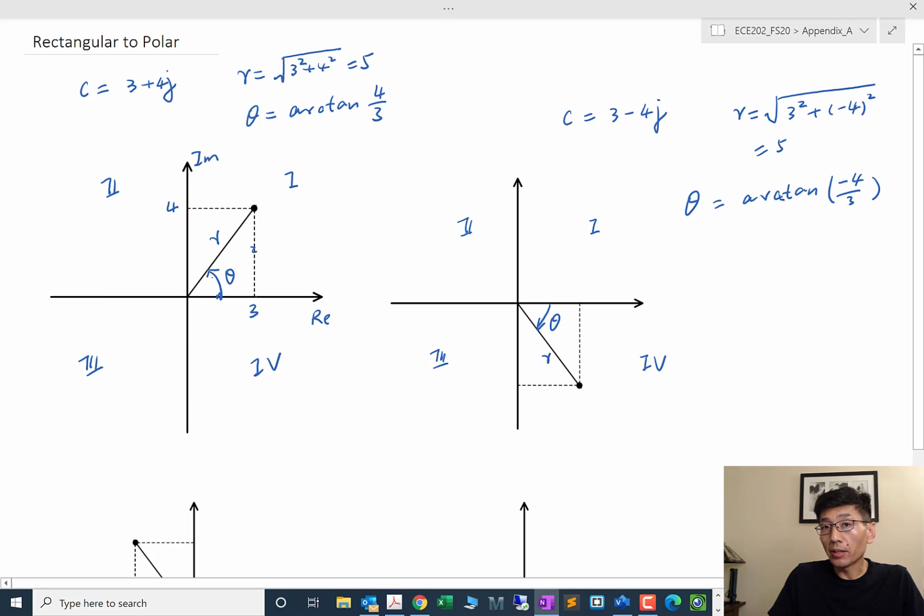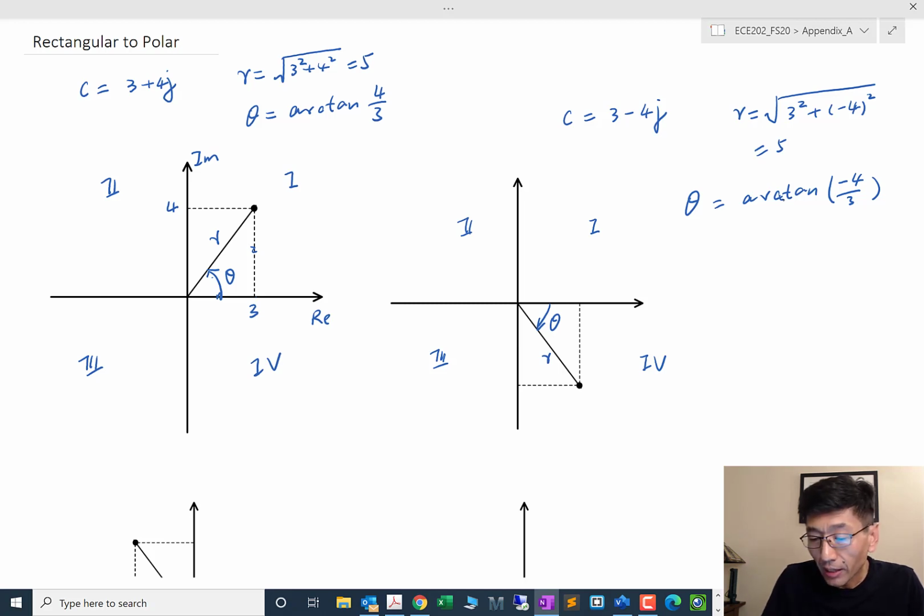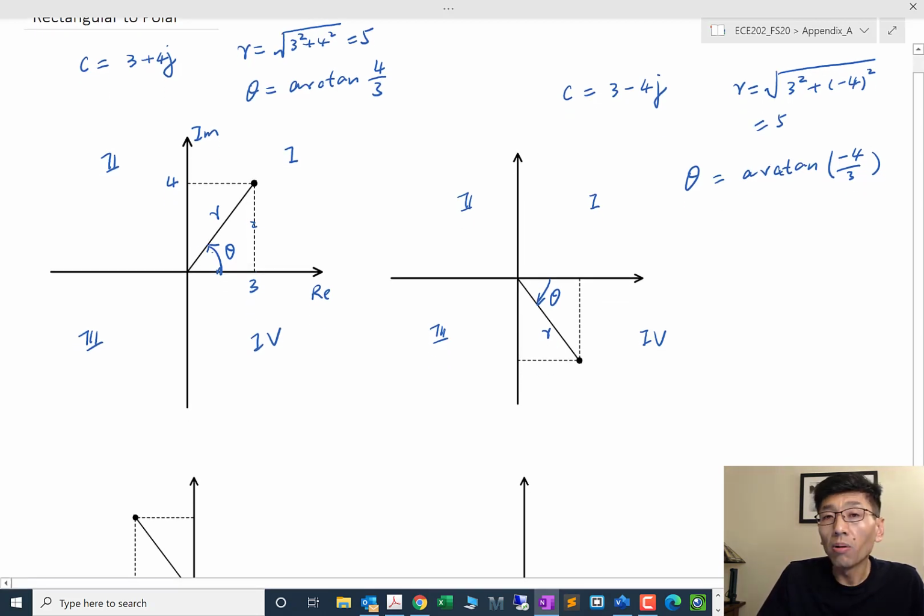This will give us an angle that's less than 0 but greater than -pi/2, or -90 degrees, right?